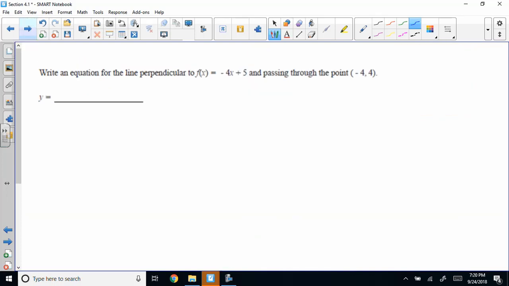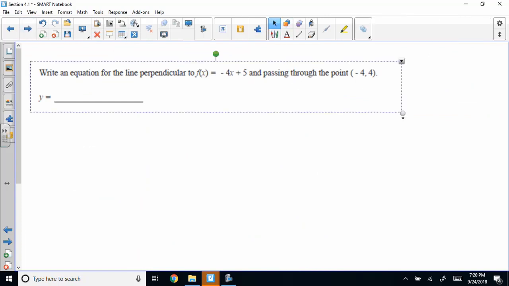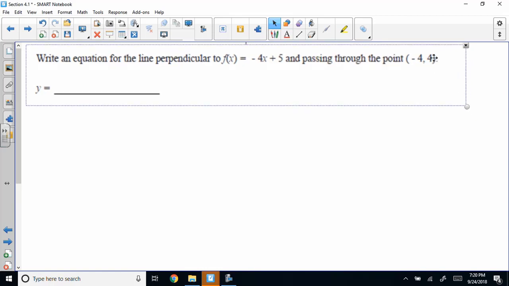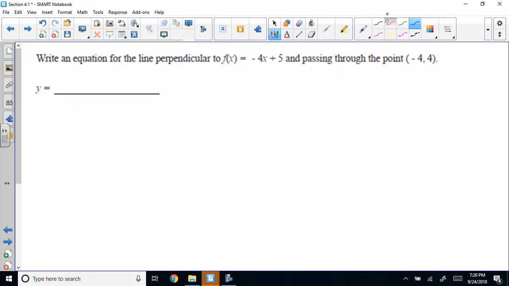All right. So this one is, we will write it, that is perpendicular, right? So let's kind of look back here. So M1 is negative 4/1, right? When you're looking at fractions or slope, you need to write them as a fraction if you're going to do something with them, like a parallel or perpendicular.